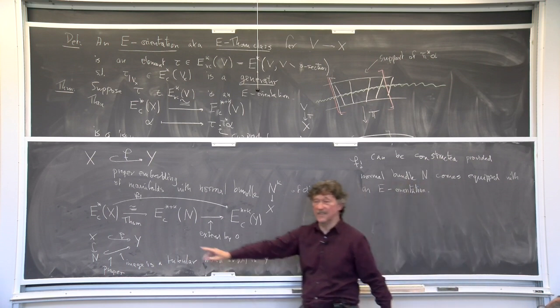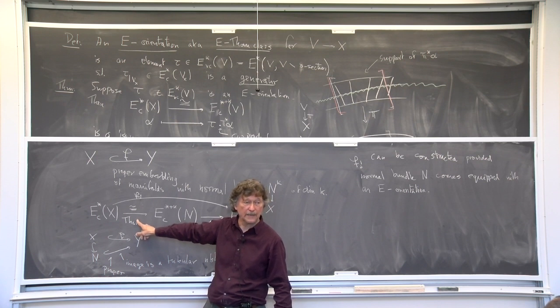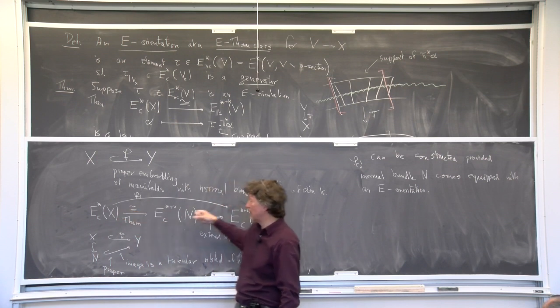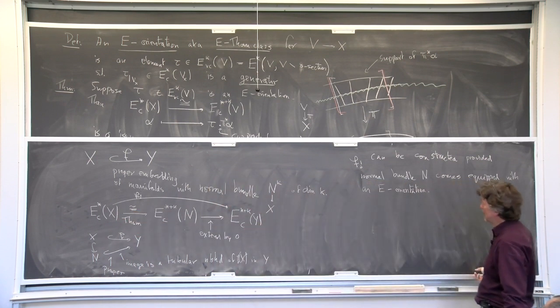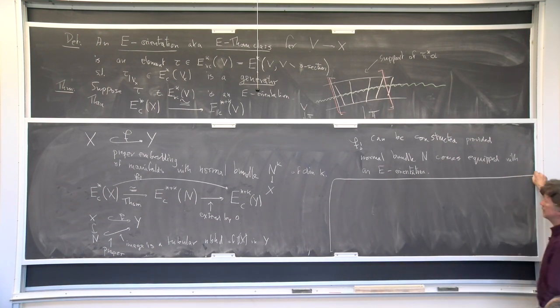That's a crucial ingredient here, right? Since this map is given by cup product with that orientation class, and if we have the orientation class, yes, we can form this composition here. It's a crucial ingredient.